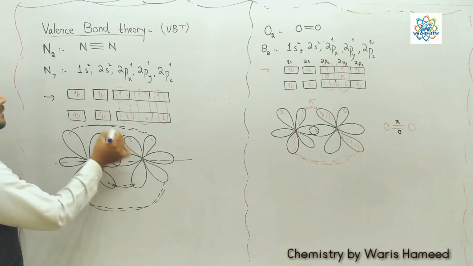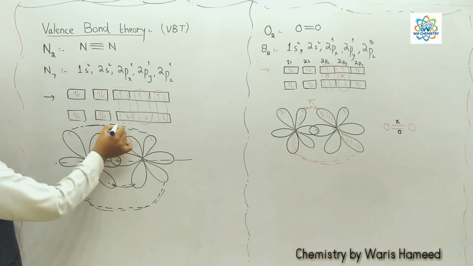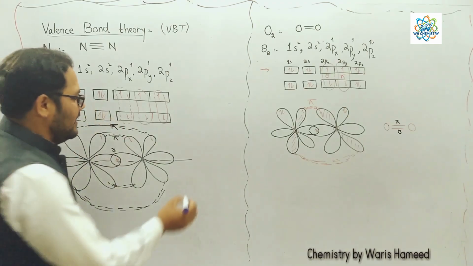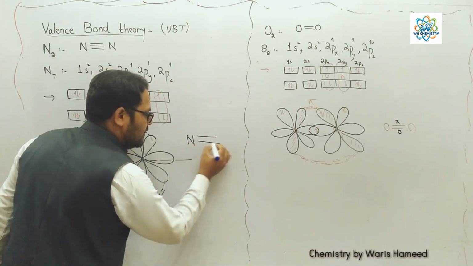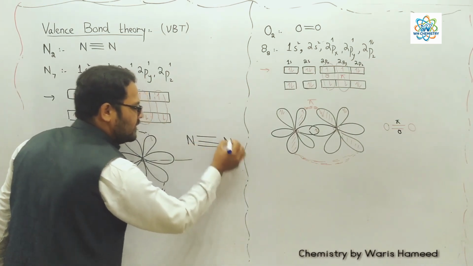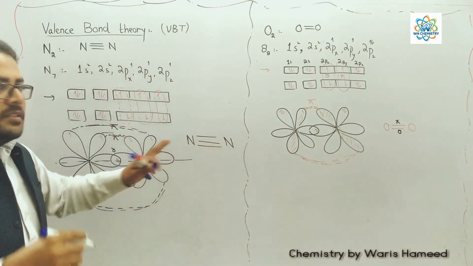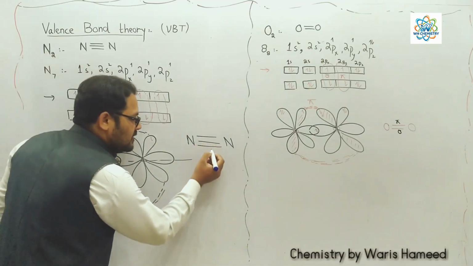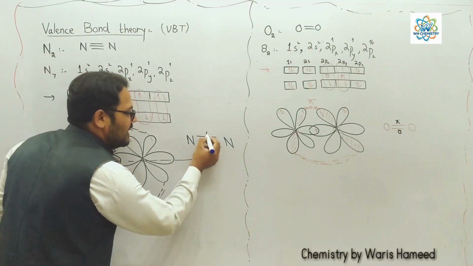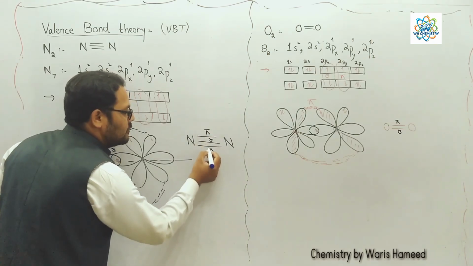Here is a pi bond and another pi bond. We can write that a nitrogen atom forms a triple bond with another nitrogen atom, and in this 3 bonds are present: the first bond is sigma, the second is pi, and the third is also a pi bond.